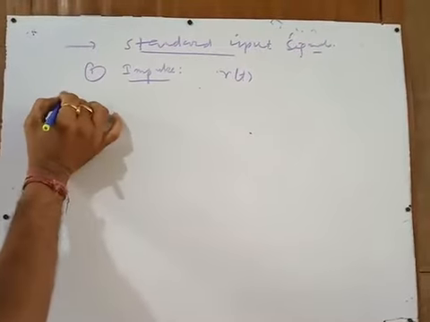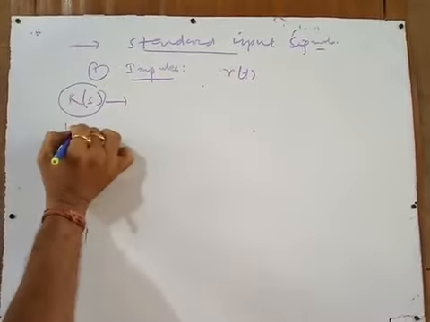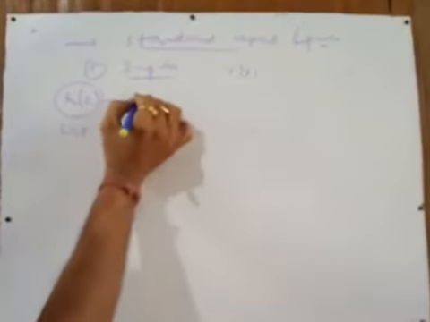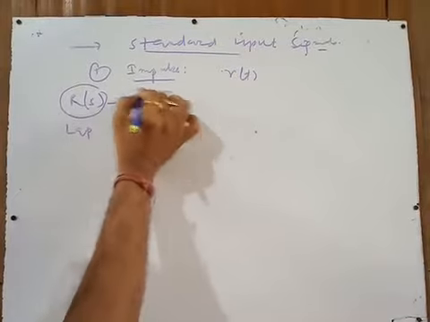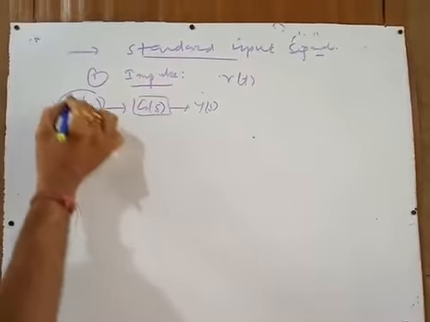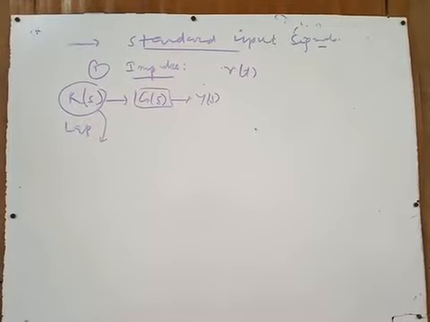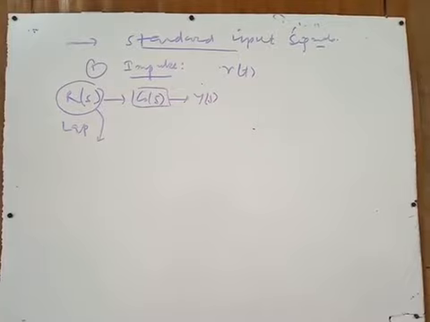We are taking this R(s), that is your input, in Laplace. This is your G(s) and this is your output. Now this is actually available in the time domain. We have already said that all the signals available are continuous functions of time.